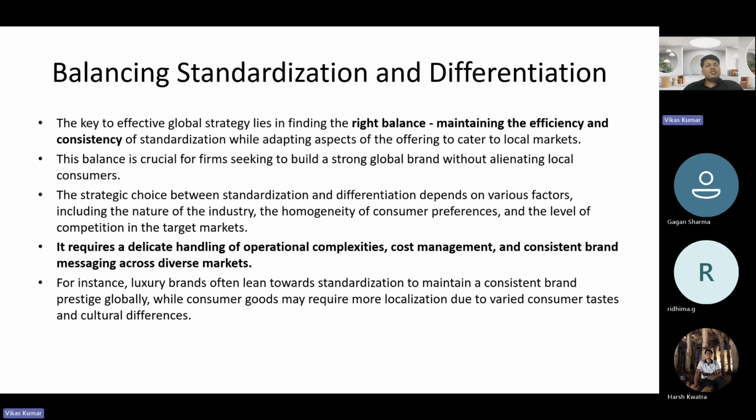So balancing these two strategies will reap much benefit for many firms, not purely going for standardization and not purely for differentiation. The key to an effective global strategy lies in finding the right balance.